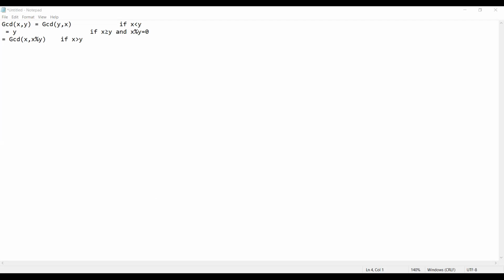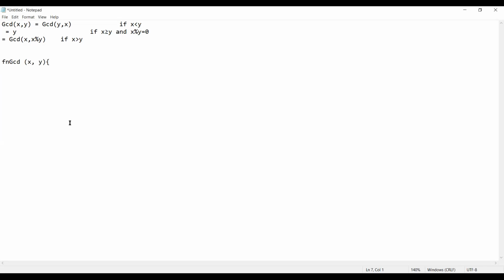So this algorithm calculates the GCD value of two numbers, and here the inputs are x and y, as I told, which are two positive integers, and we assume that x is greater than y. The output of this function is the GCD value of x and y. So at first I have to write down the name of this function, which is fn GCD of x comma y.